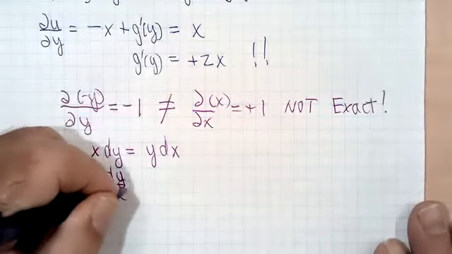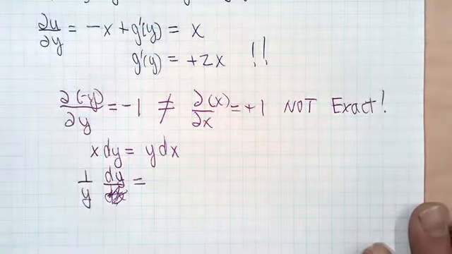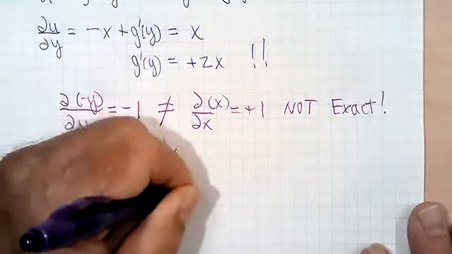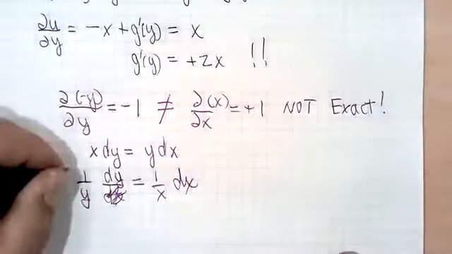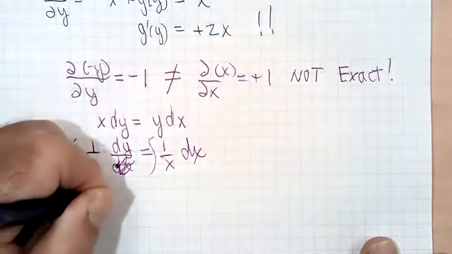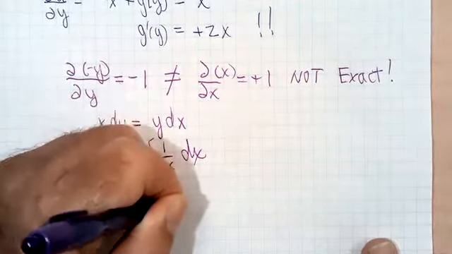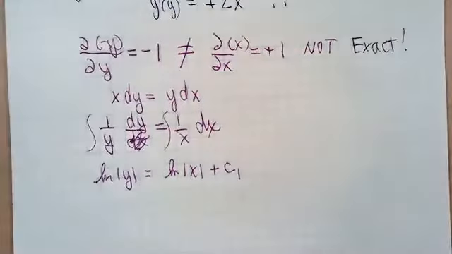And actually, I probably shouldn't have done that. Leave that where it was. And I'm going to divide each side by x. So 1 over y dy equals 1 over x dx. We can integrate, and we get the natural log of absolute value of y equals natural log absolute value of x, perhaps plus some non-zero constant.